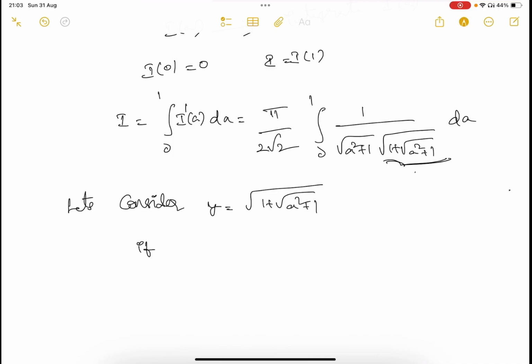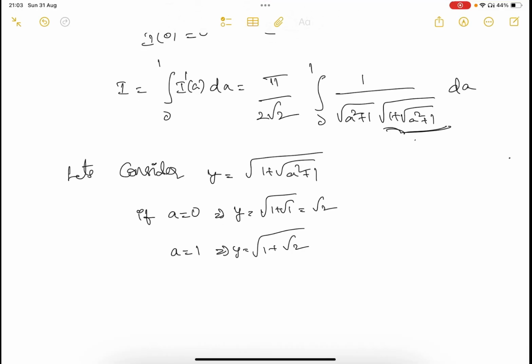If a equal to 0, then y will be root of 1 plus root 1, right? This will be root 2. When a equal to 1, this will be y equal to root of 1 plus root 1 square plus 1, right? This will be root 2.